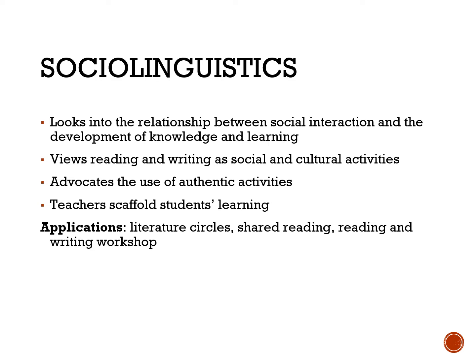Sociolinguistic theorists believe that oral language is the foundation upon which children's reading and writing achievement is built. Oral language knowledge provides children with an intuitive understanding of the structure of language that helps them predict text and read fluently, especially at a later age, and also provides the foundation for vocabulary learning that helps children comprehend the words and messages that they read.